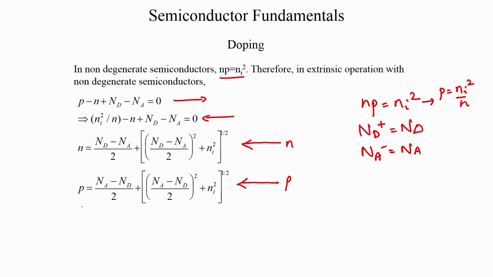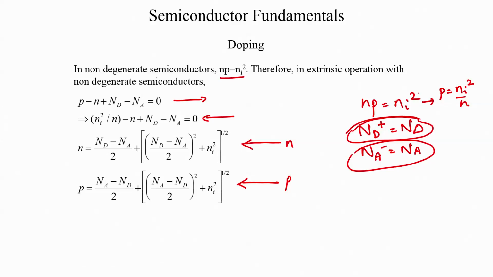So, what assumptions have we made here? The first assumption is that all donors have ionized and all acceptors have ionized. This cannot happen at low temperatures; this has to be at significantly high temperatures. It need not be too high, room temperature is a sufficiently good case for this assumption.